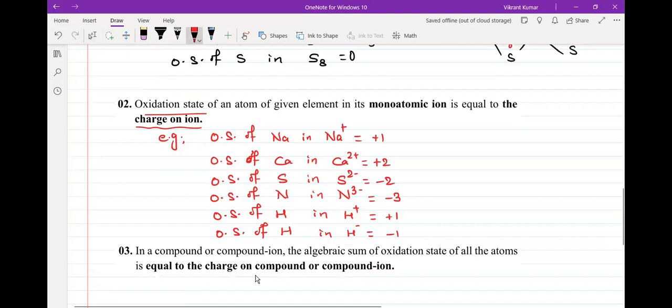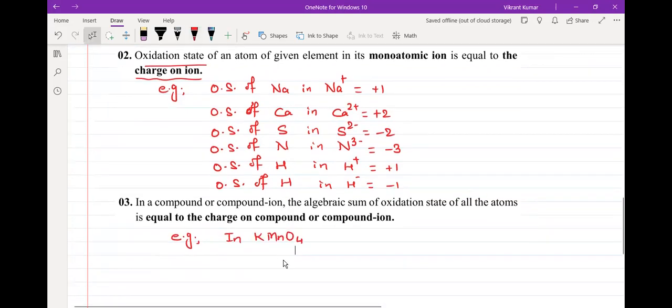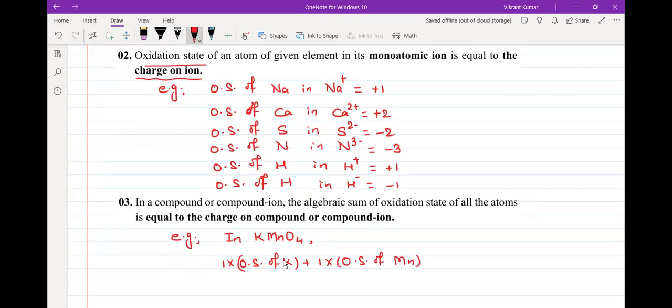For example, in KMnO4, which is called potassium permanganate, we'll say 1 into oxidation state of K plus 1 into oxidation state of Mn plus 4 into oxidation state of O will be how much?